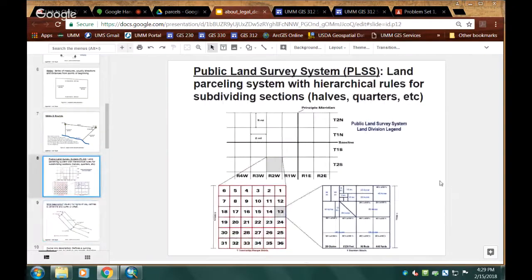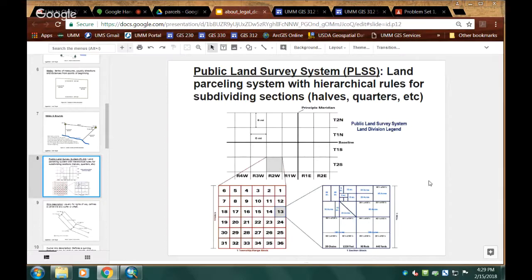So not in Maine, but in other parts of the country, it's important for me to mention this, and she does talk about it in the textbook, is the public land survey system. We actually have in northern and eastern Maine, so in this area, the remnants of a similar system, but we don't use it anymore.